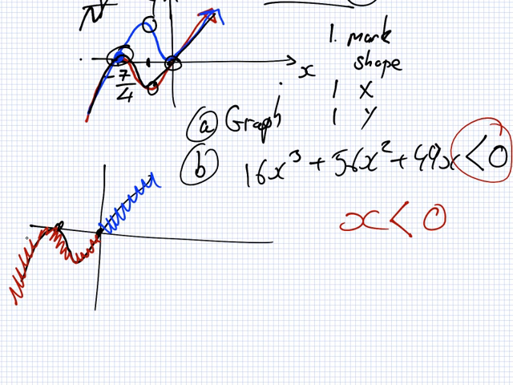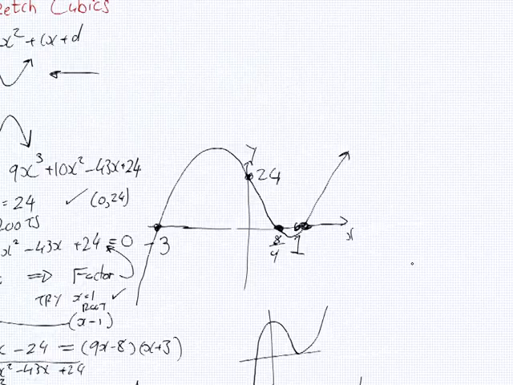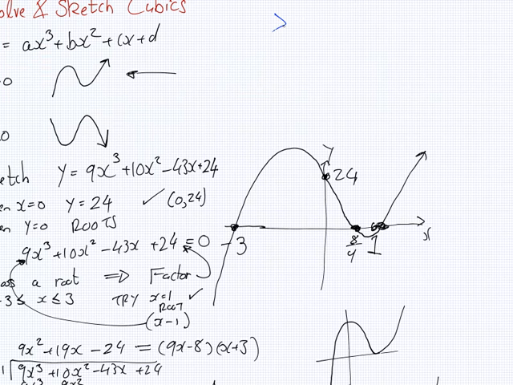If instead I said something like, when is this positive? In this case, it's here on the graph. x is greater than 0. If we just go back to the previous example, if I said, when is it positive? What answer would you have here? From here to here. So that is when x is bigger than minus 3 but smaller than 8 over 9. Or, what's the second answer? Greater than 1.